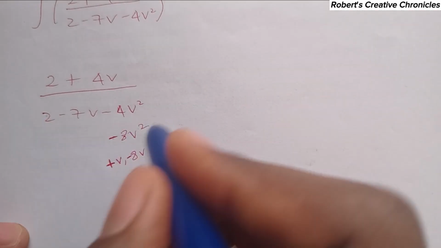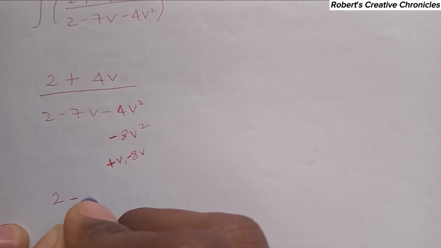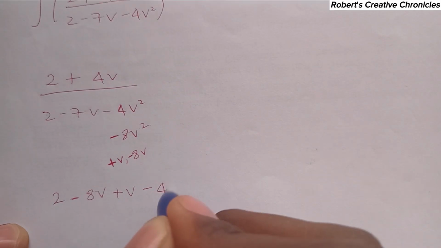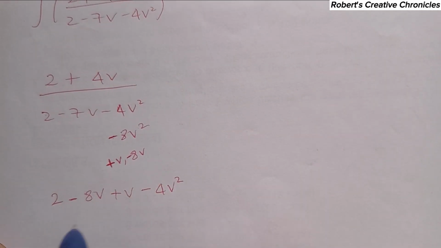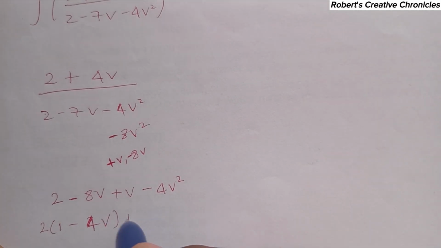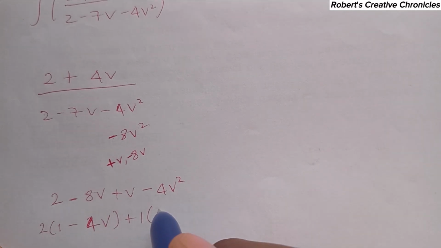We can express the denominator as 2 minus 8v plus v minus 4v squared. So it becomes 2 times (1 minus 4v) plus 1.